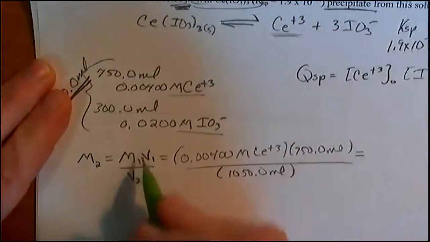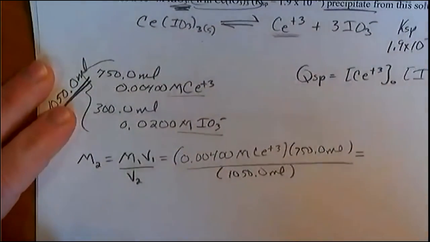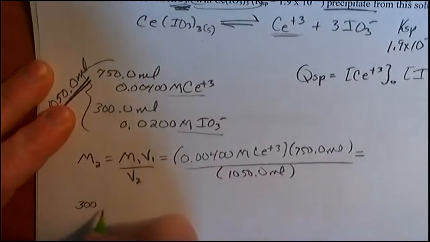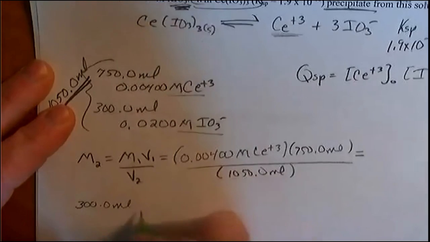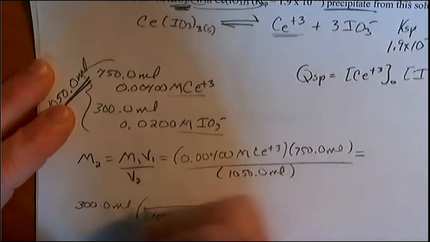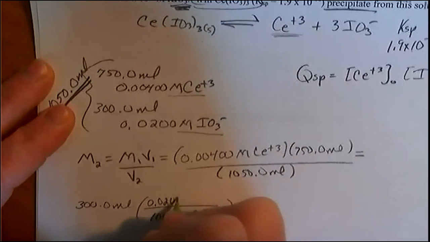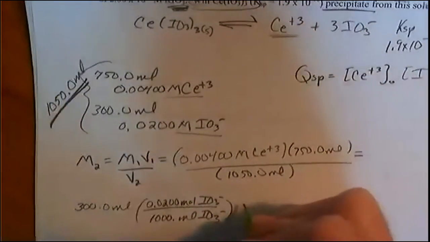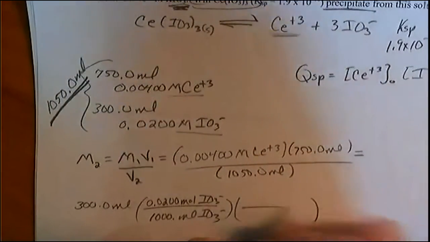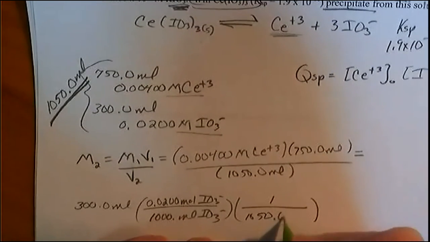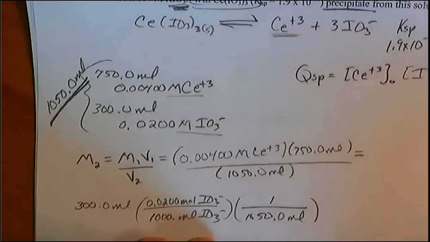That would be fine. We also could just do the dimensional analysis and say, so I'll do that for the iodate, 300 milliliters, and every 1,000 mils of iodate is 0.0200 mole of iodate. Well, what will that be in 1,050 milliliters?